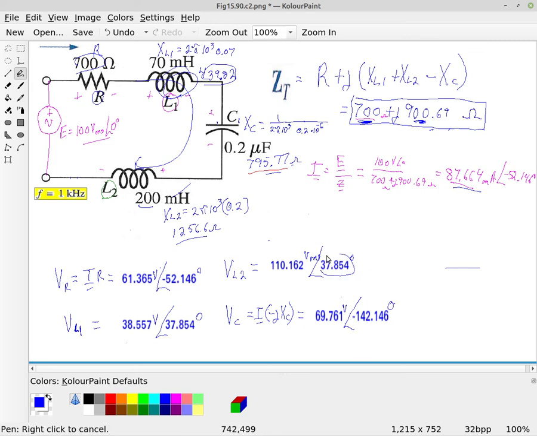So notice this, if you take the 37 degrees here, and you subtract that from this, you end up with 180 degrees. So your capacitor angle and your inductor angle are 180 degrees out of phase. Okay?